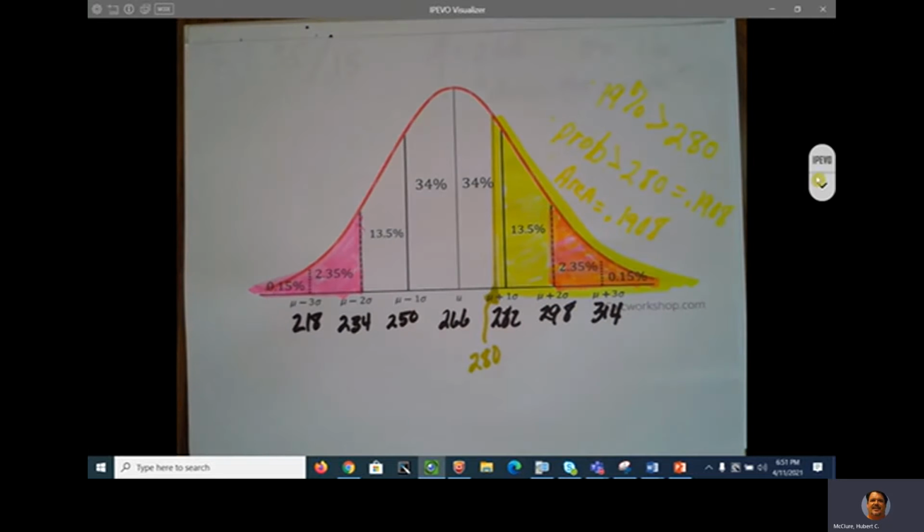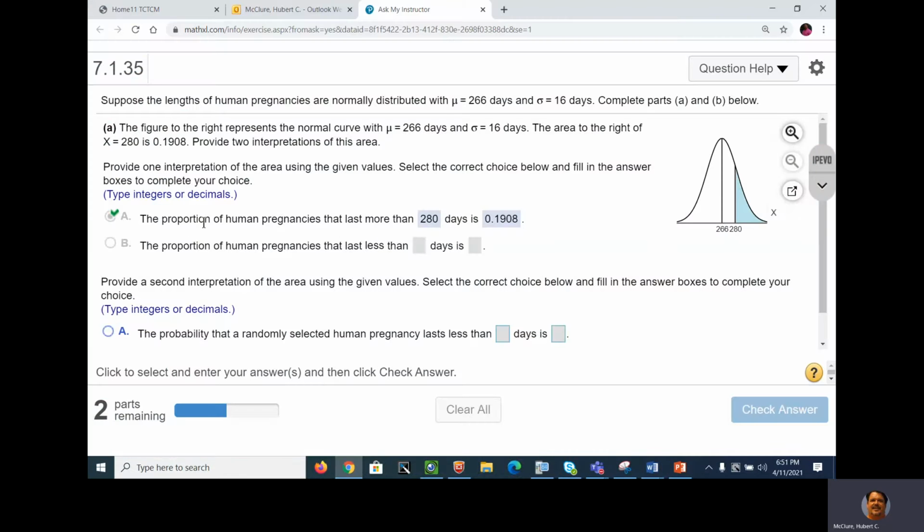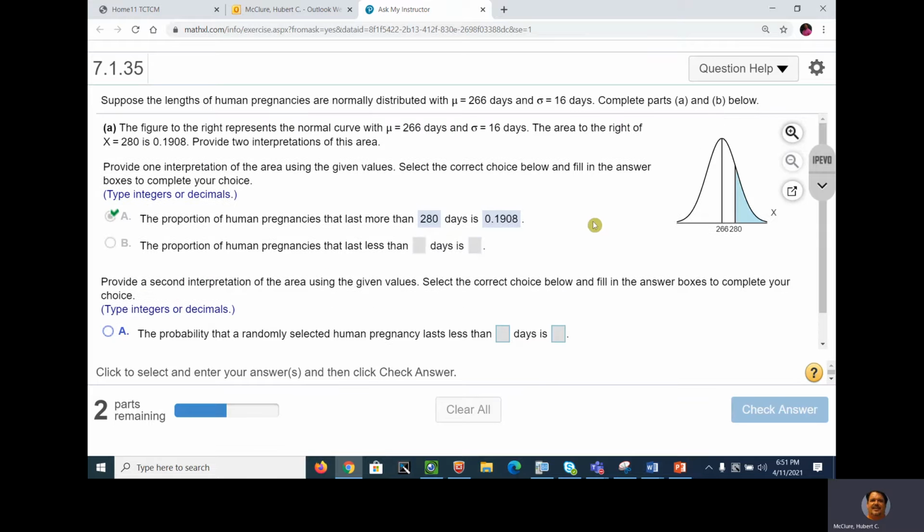Okay, now let's see what the question asks. The proportion of human pregnancies that last more than 280 days is 0.1908. That's what we just talked about in yellow. Okay, well, the complement of 0.1908, and we'll do it in blue. The complement of 0.1908 is the left-hand side. And that is this side right here.